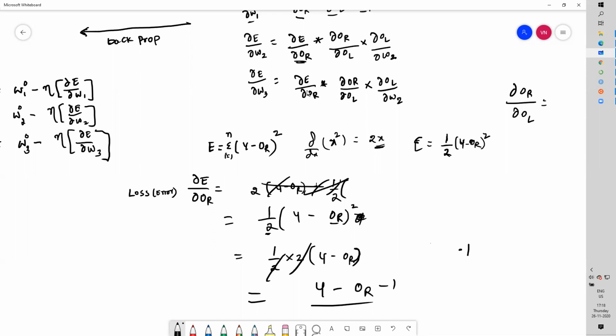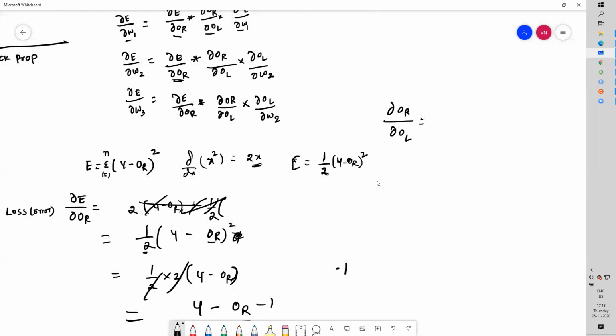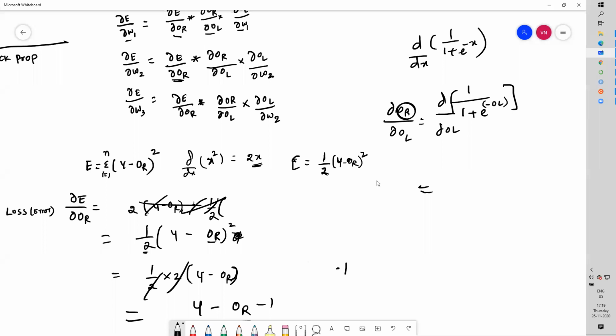OR is nothing but 1 by 1 plus e to the power of minus OL. So this is the OR value. So d by dOL of this entire equation is like d by dx of 1 by 1 plus e to the power of minus x. I'm not going to derive this... okay, fine, let's try to derive this.